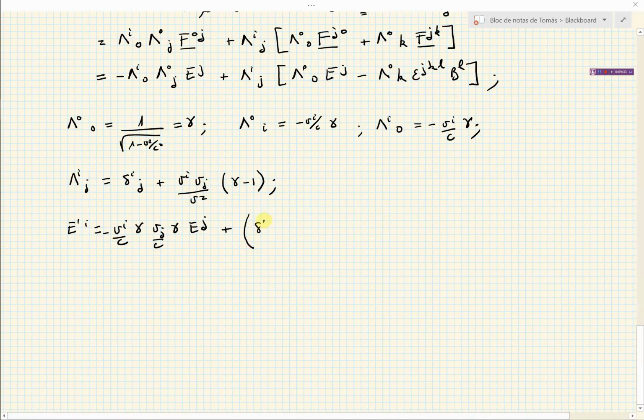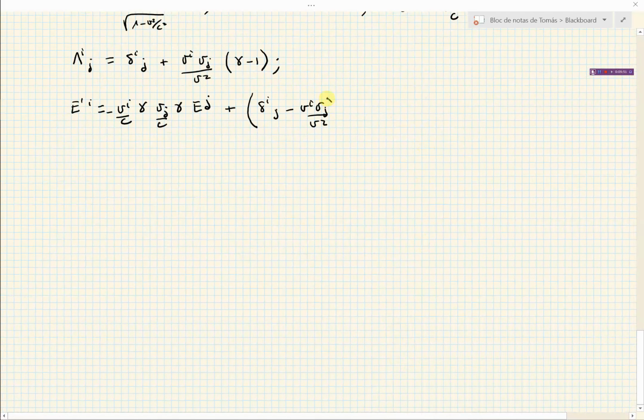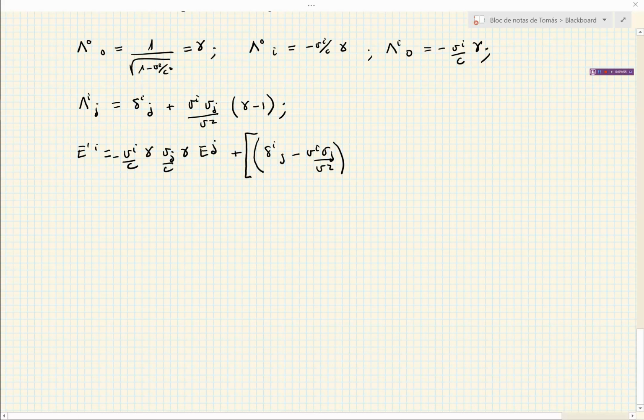So I write delta i j minus v i v j divided by v squared, and then plus v i v j divided by v squared gamma.